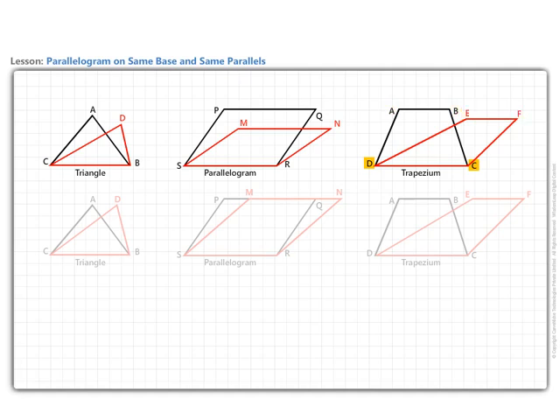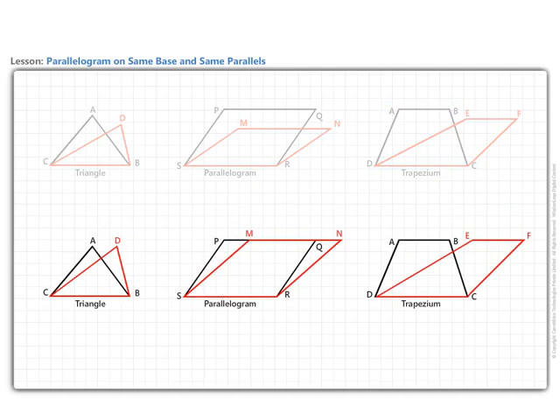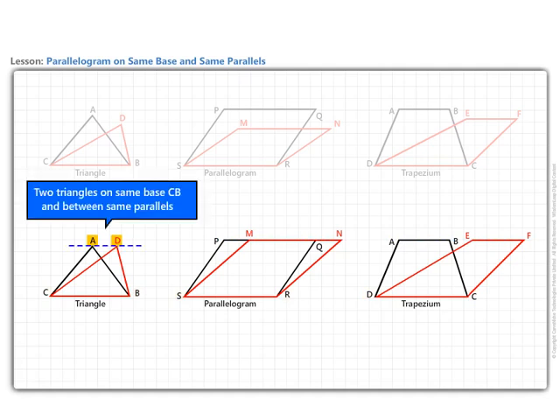In the second set, we find that the figures share the same base but also have their vertices on a line which is parallel to the base. For example, for triangles ACB and DCB, the vertices A and D are on a straight line which is parallel to CB. So, we can say that both the triangles are on the same base CB and between the same parallels AD and CB.